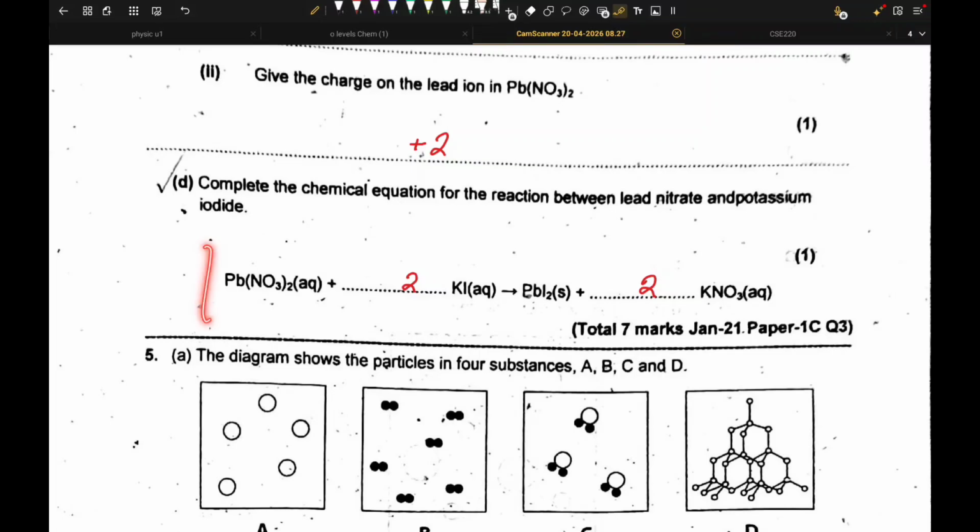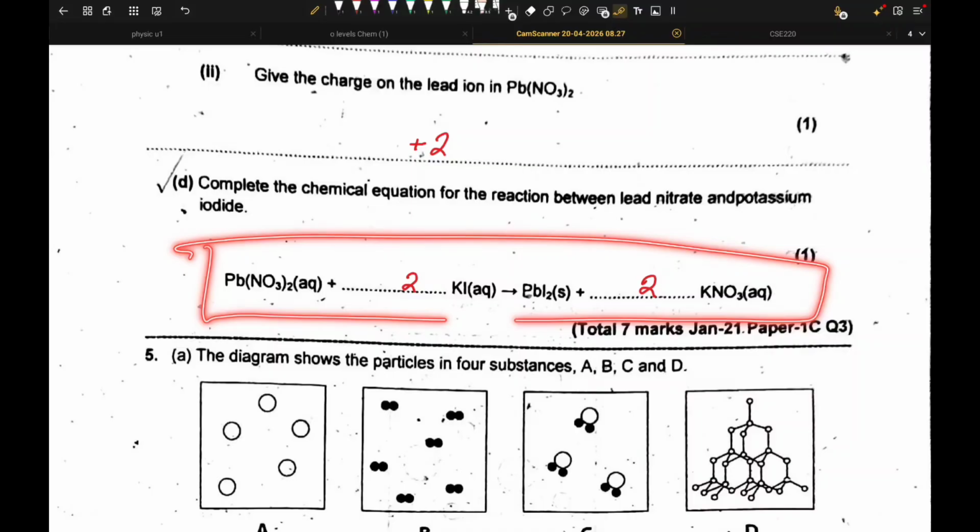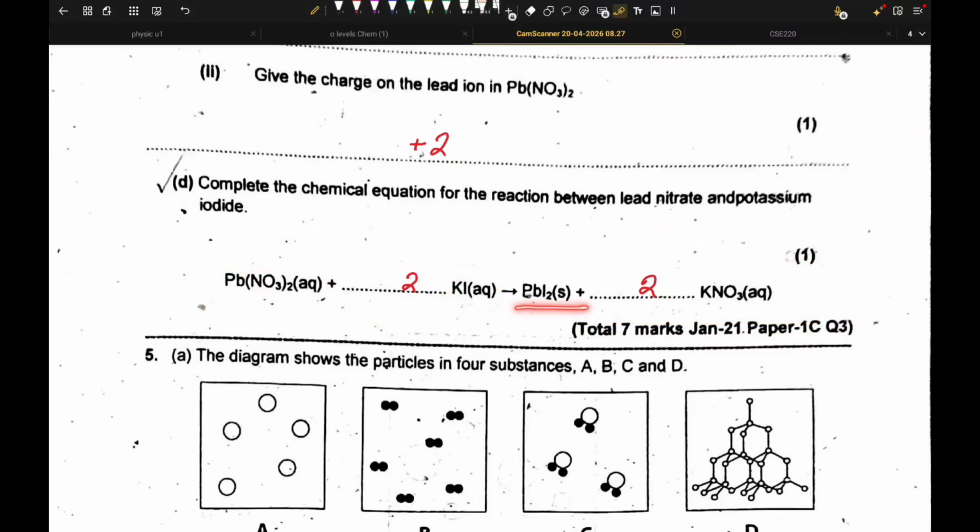Okay, this is a balanced equation. Lead nitrate aqueous plus potassium iodide gives us lead iodide and potassium nitrate. Now, as I have 2 nitrates here, I need to make this 2 nitrates.